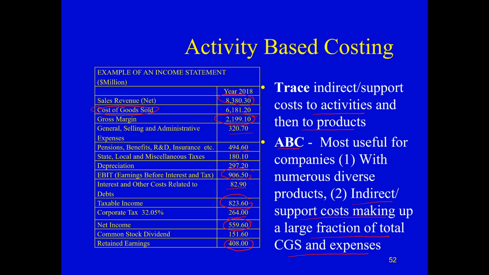So you can see from this income statement that the net income basically goes to the shareholders. Common stock dividends and also the retained earnings are part of the investment of the shareholders.